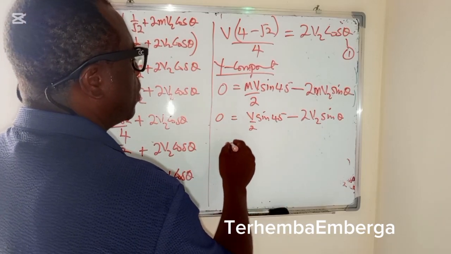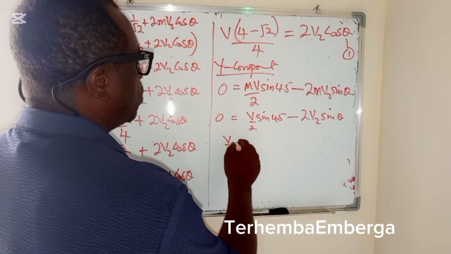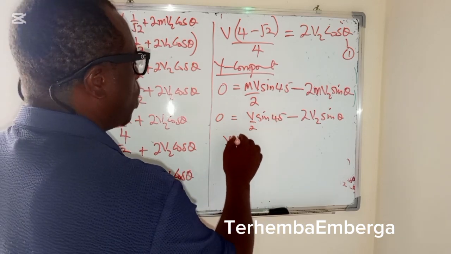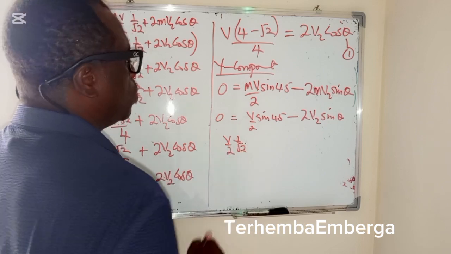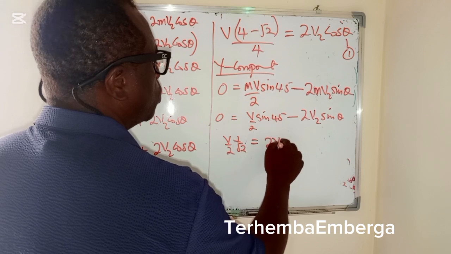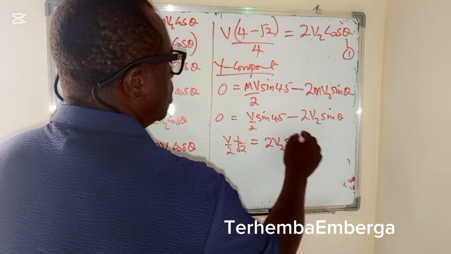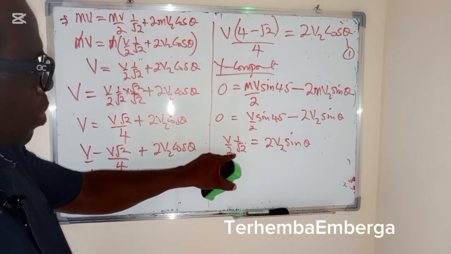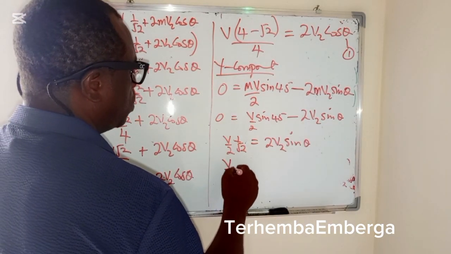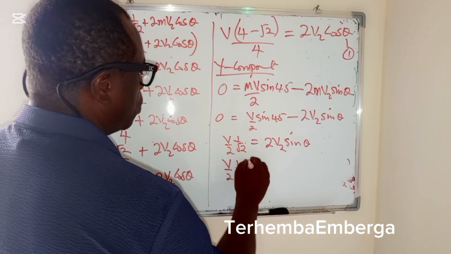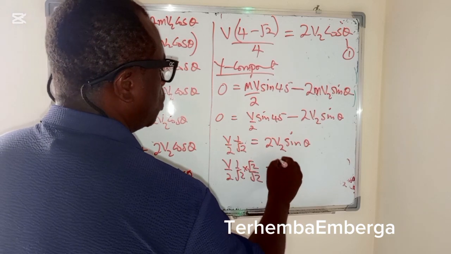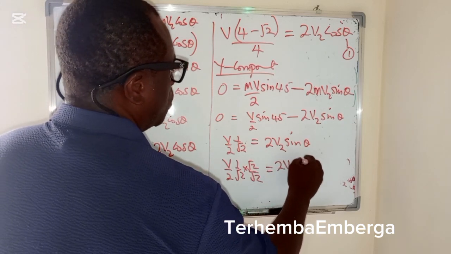We can write this equation as v over 2 sine 45, the same thing as 1 all over root 2, equal to 2 v2 sine theta. The same way we did, we rationalize this, and this becomes v over 2, 1 over root 2 times root 2 all over root 2, equal to 2 v2 sine theta.